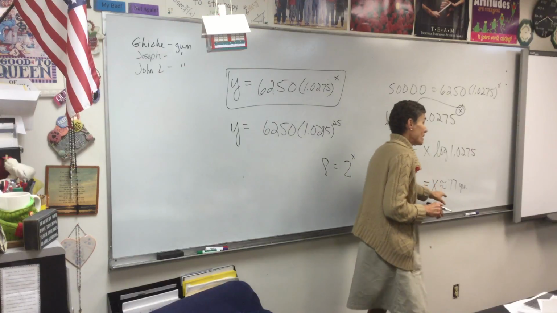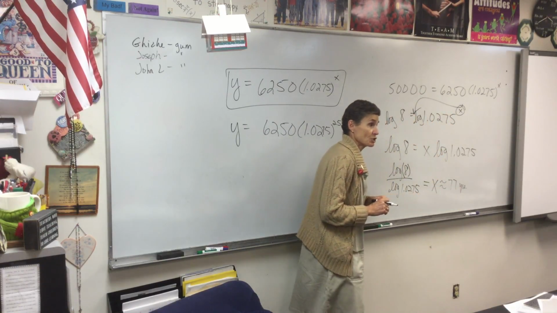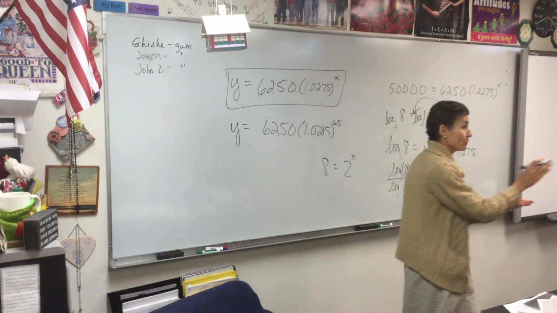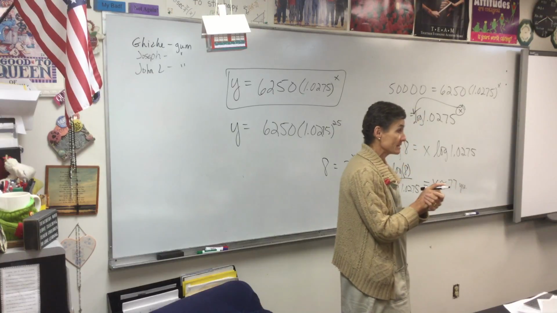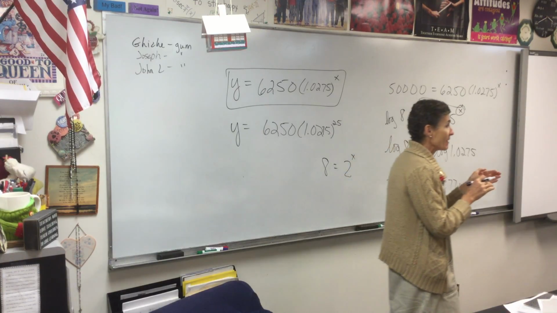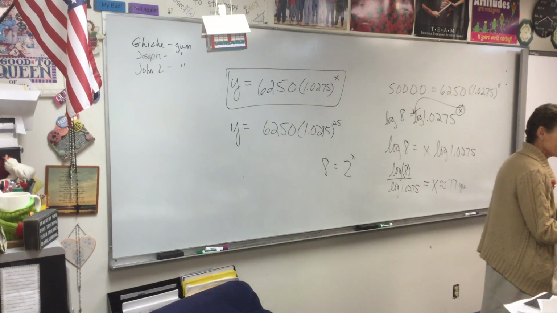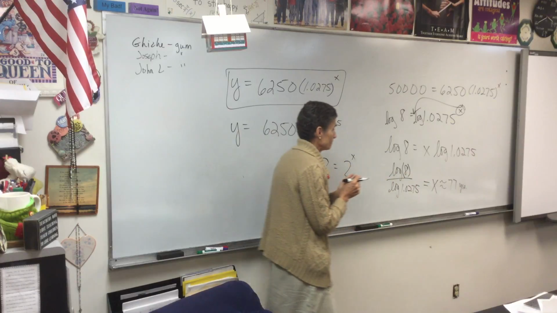So this tells me I have to wait 77 years, but when did I start? When was the initial value? 1890, so the answer would be 1967. Actually, because it was a little less than that, it would be sometime during 1966.